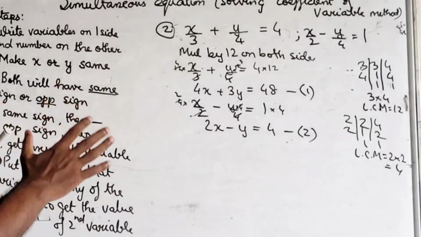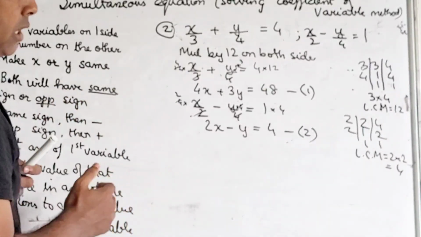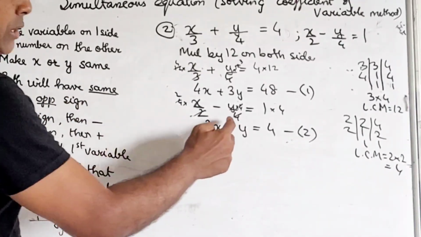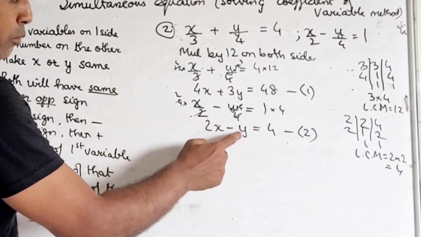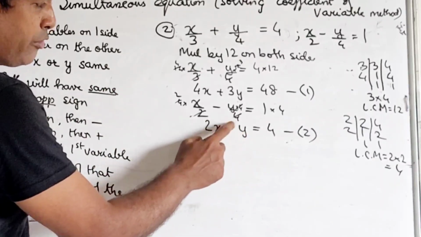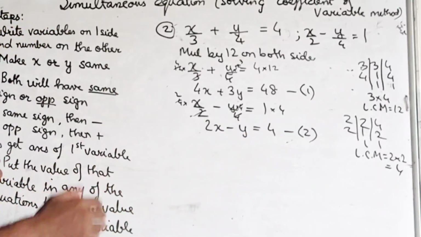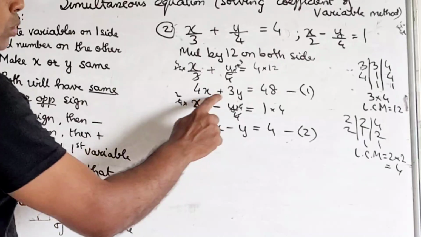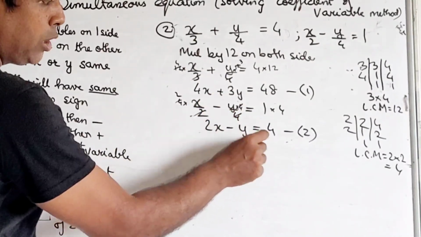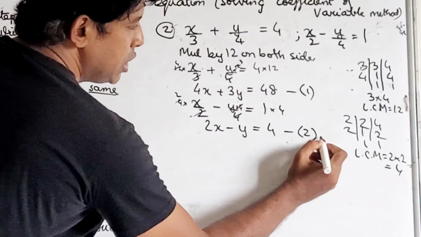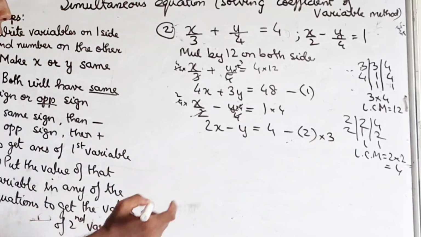Okay. But right now again what I'll do is I want to show when there's a coefficient 1 with any variable, how you solve, because that is the easiest way to do. So 3y and there's a 1 over here, 1y. So we just need to multiply this equation by 3 and our work will be done.